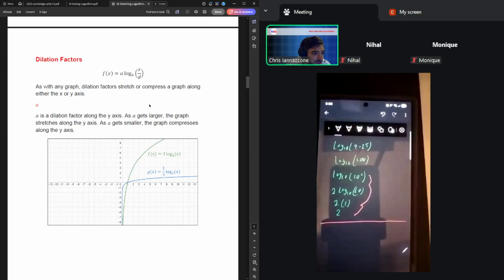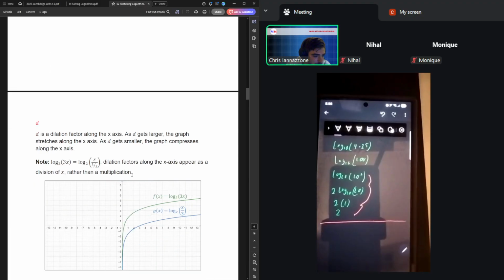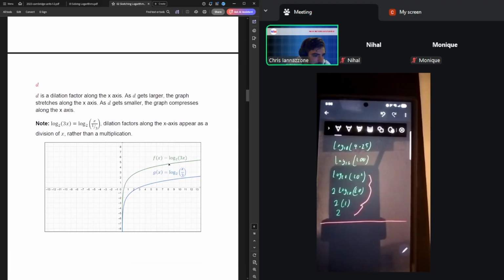Same thing with the dilation factors, actually. This is another thing you don't really care about with tech-free, just sketching it by hand. But they work the same way they always have. Bigger number stretches it more, smaller number stretches it less. The number at the front would stretch it vertically, the number in the bracket stretches it horizontally.